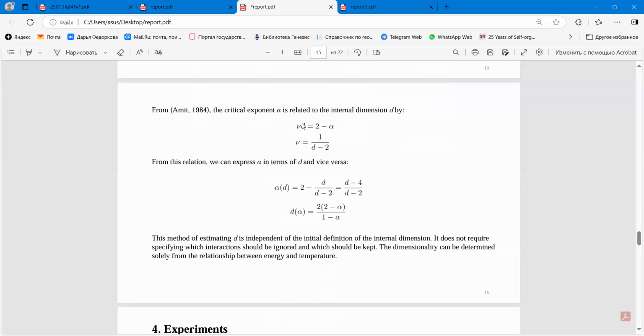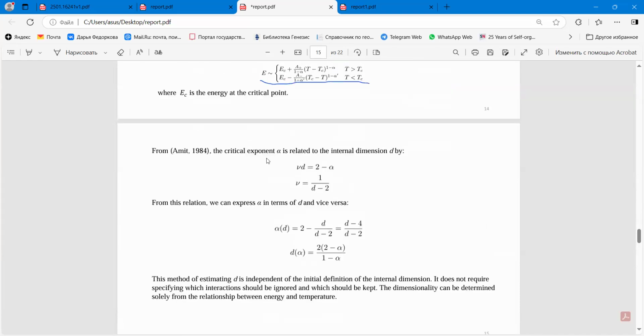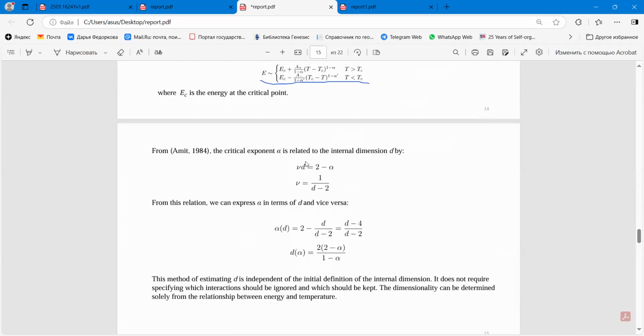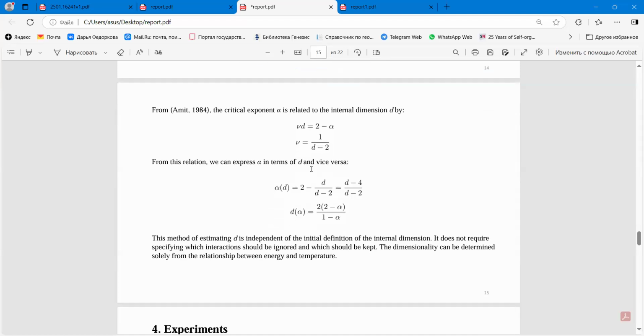Now the results for some critical values, the critical exponent. They use this equation, and from this relation they expressed alpha, the critical exponent, which we are interested in in this work.